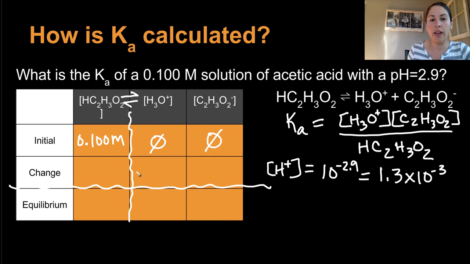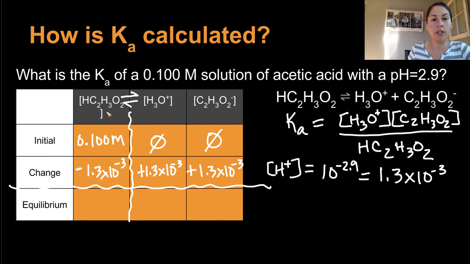And so I know that we're going to add 1.3 times 10 to the negative third here, because when this thing breaks apart, that's how many ions I'm going to have. I'm also going to add the same amount since we have equal parts that split apart in that dissociation, so 1.3 times 10 to the negative third here. Now, the amount that I gained on the ion side has to be subtracted from the other side, so I'm going to subtract 1.3 times 10 to the negative third.